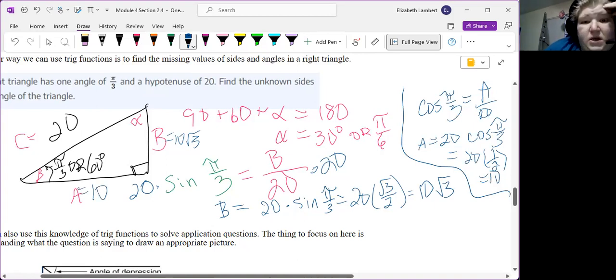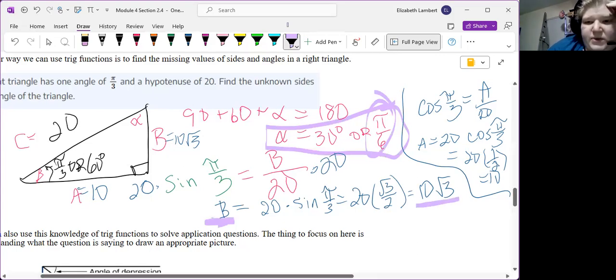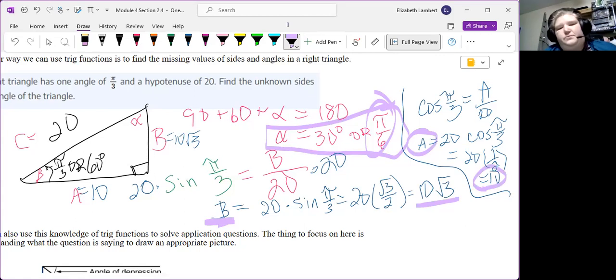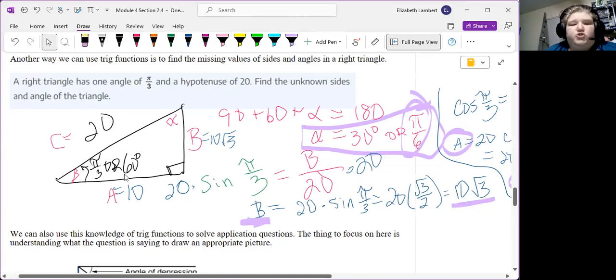All right, so we know our third angle is pi over 6. One of our other sides is 10 square roots of 3, and the other side is 10. So when answering this kind of question where they say find the unknowns, draw a picture and label the picture.